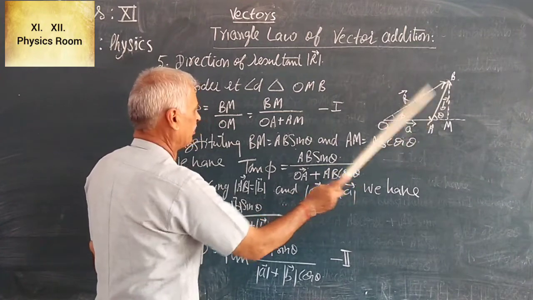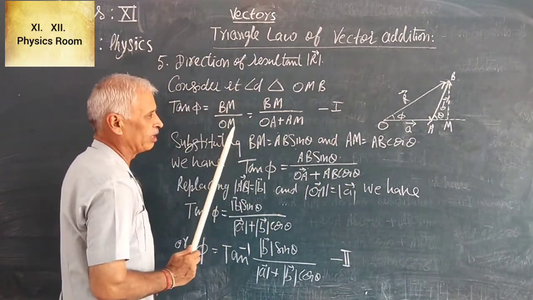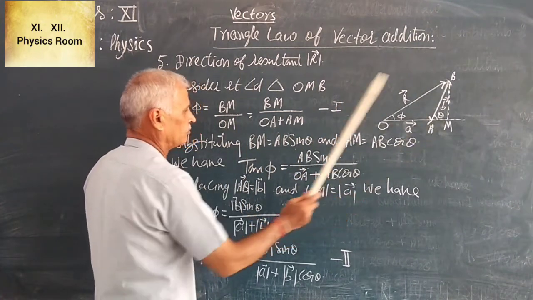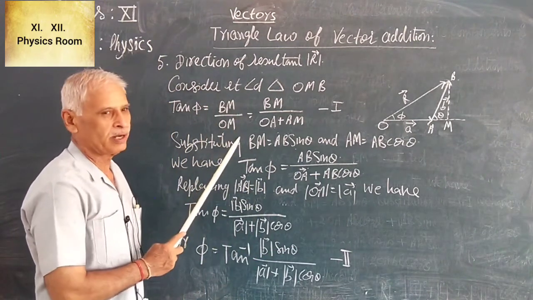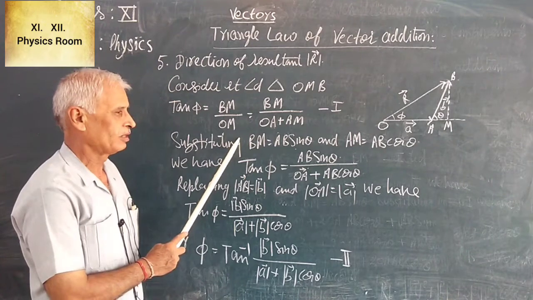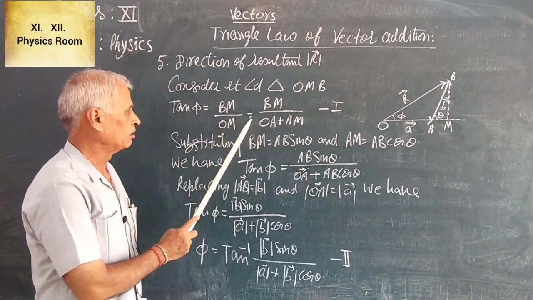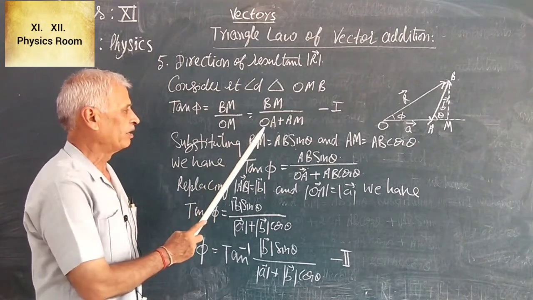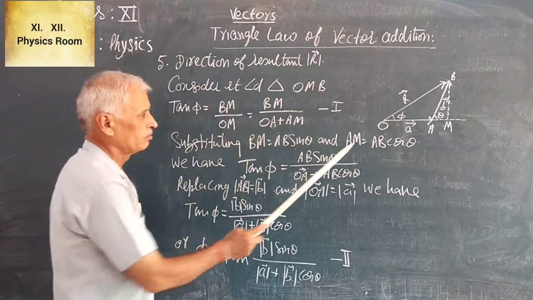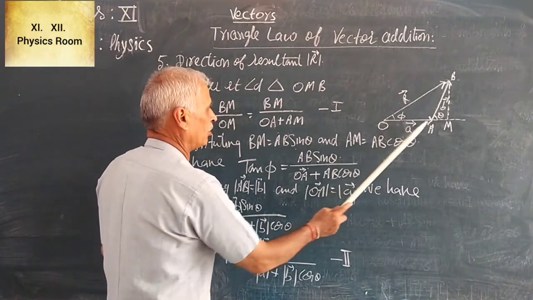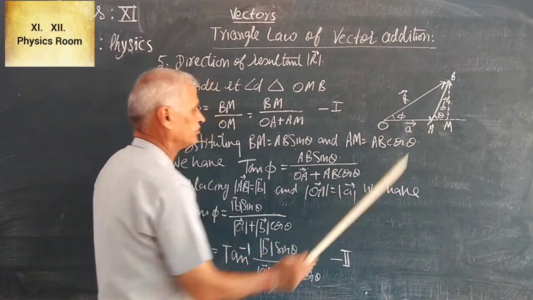So perpendicular is BM and base is OM. So we have tangent phi equal to BM by OM, and it can be written as BM divided by OA plus AM, because we can write OM as OA plus AM.